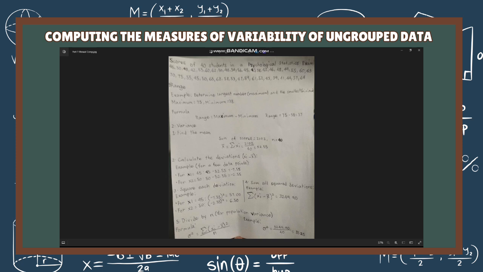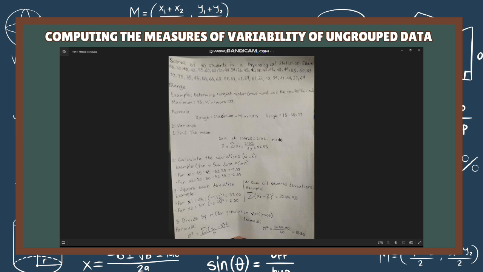So our step 3, square each deviation. This ensures all deviations are positive and emphasizes larger deviations more. For example, as you can see there.